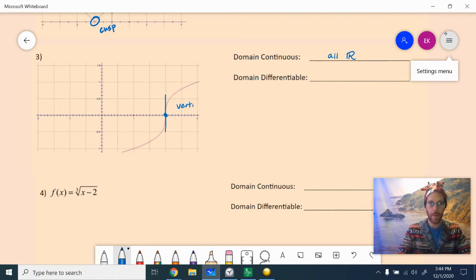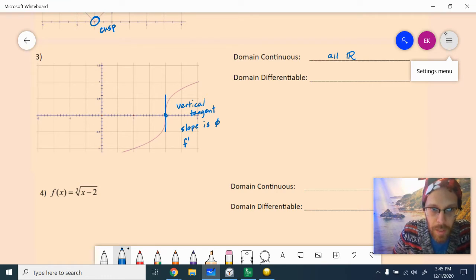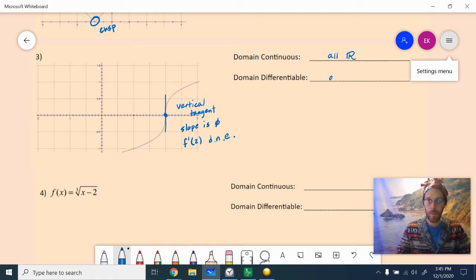And if you have a vertical tangent, then the slope is undefined. And that means that the derivative at 2 does not exist because the derivative is the slope. So we would say it's differentiable everywhere except for x cannot be equal to 2.